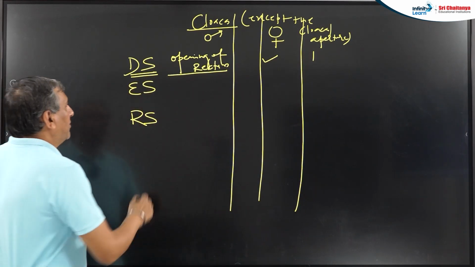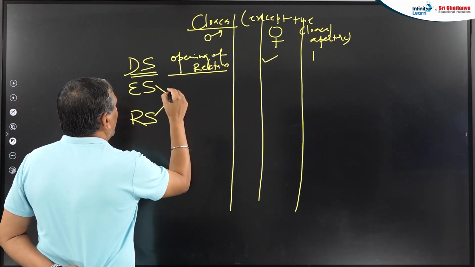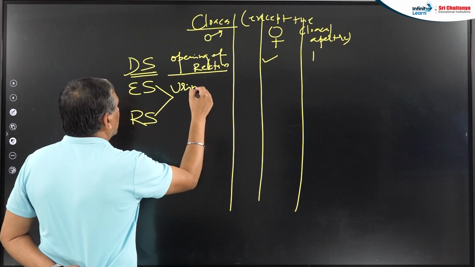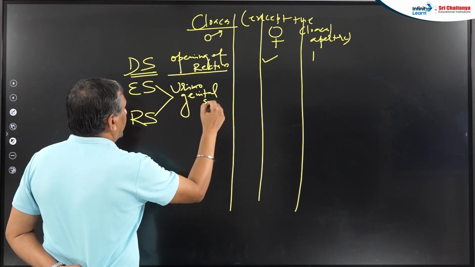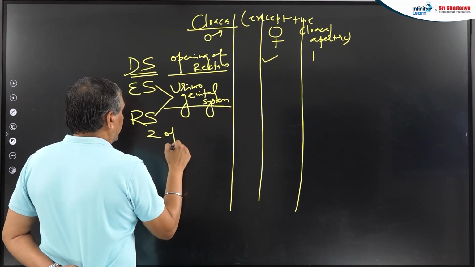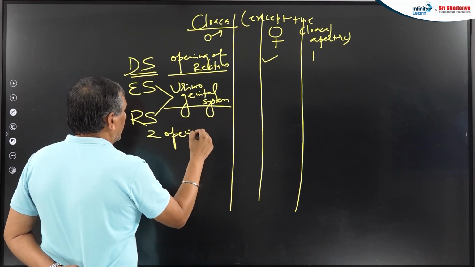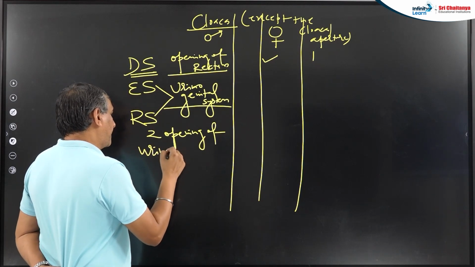Now, in male frog, the excretory system and reproductive system are commonly known as the urinogenital system. So it has two openings. In male, there are two openings of urinogenital ducts.